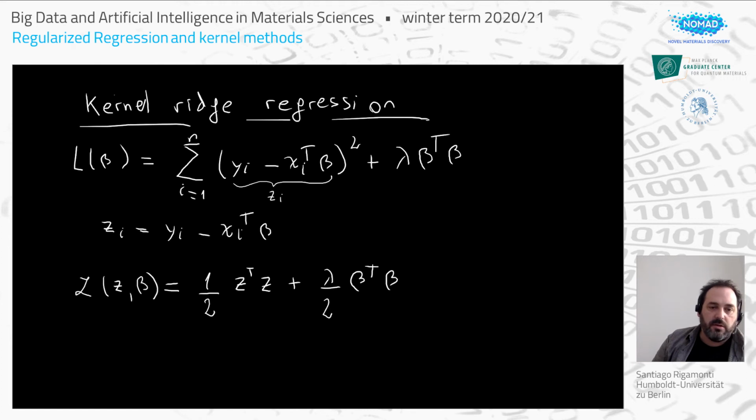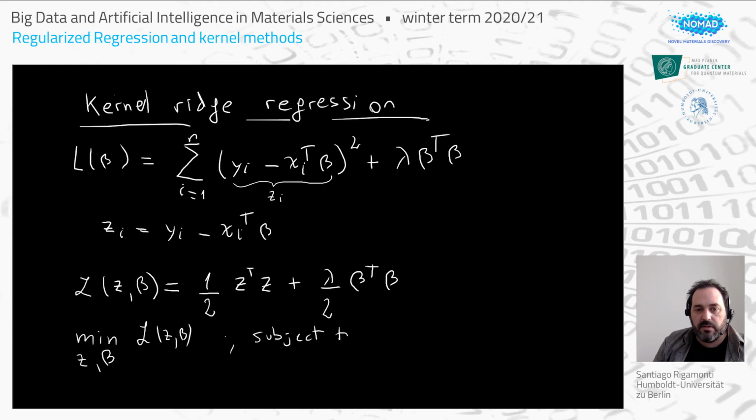So we will have to minimize our Lagrangian with respect to zeta and beta independently, but subject to having zeta i equal to yi minus xi transpose beta.